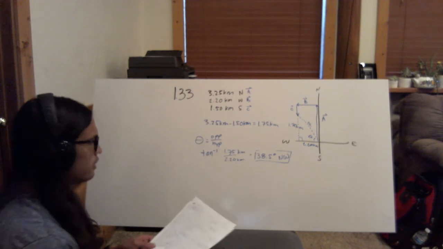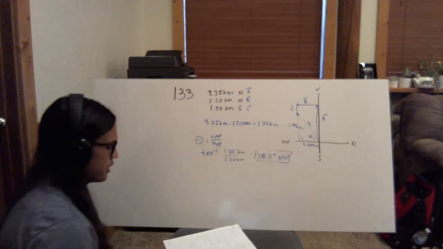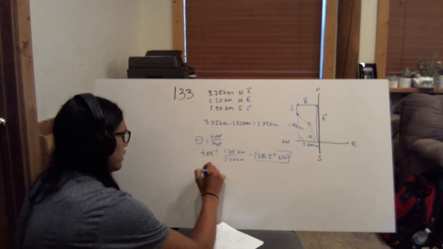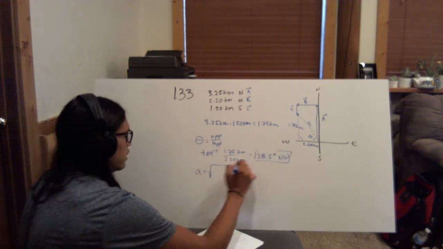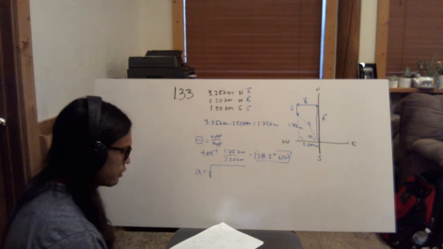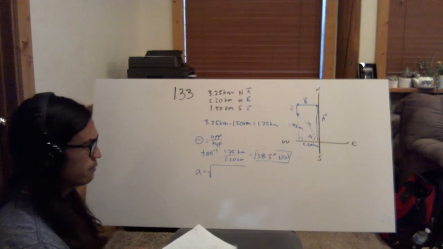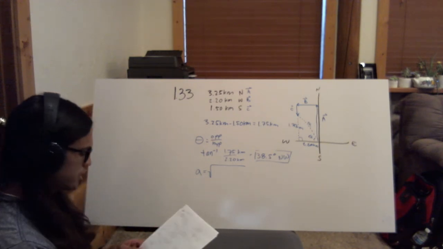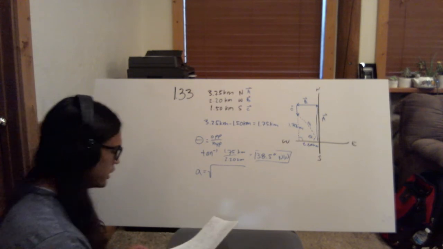Now we have to find the hypotenuse, which is alpha, and we're just going to use the distance formula, which would be alpha equals, this would be x squared plus y squared, or a squared plus b squared equals c squared. So you just change the formula to get what you need.